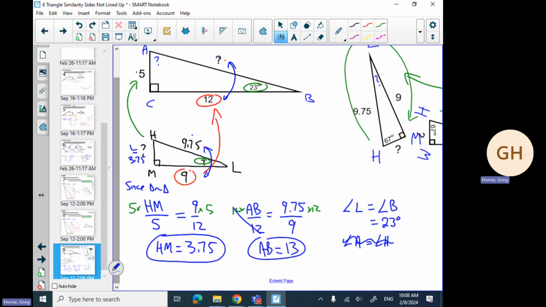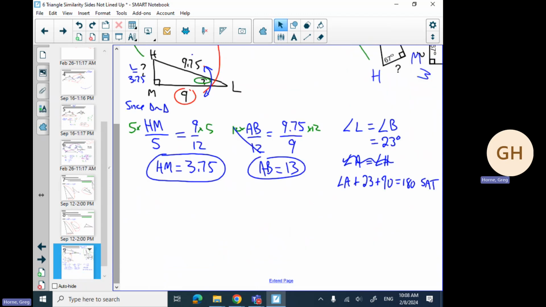Instead, we're going to say for angle A, we can say angle A plus 23 degrees plus 90 degrees adds up to 180 because the sum of the angles in the triangle is 180. You just solve it out. So 180, take away the 90, take away the 23, gives us 67 degrees.